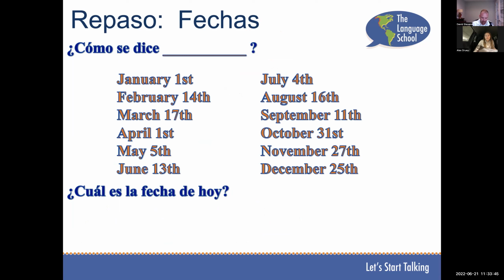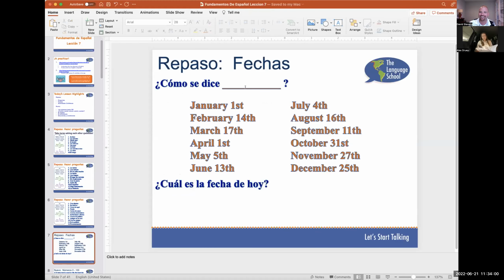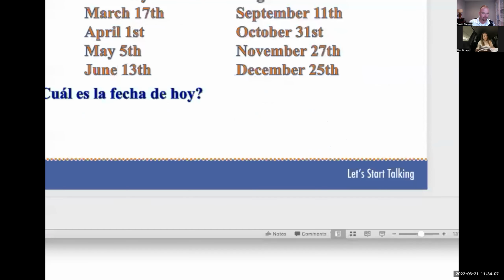El primero de enero. Do you want to review how we do this? A little bit. Yeah, let's review that. I thought I remembered from last week, but I guess not. It's okay.